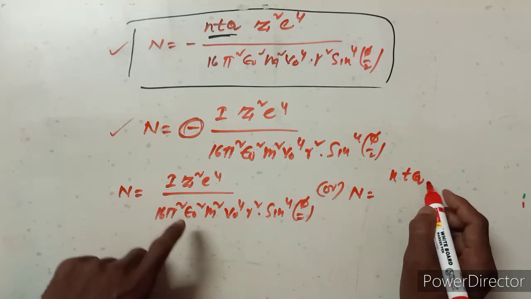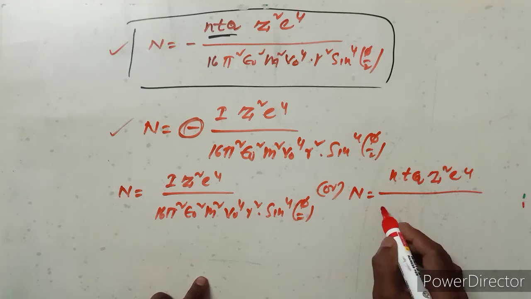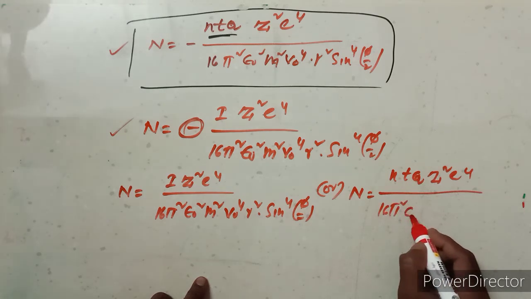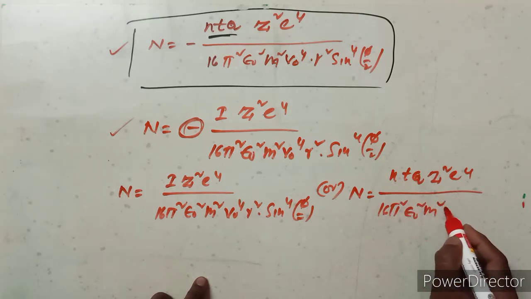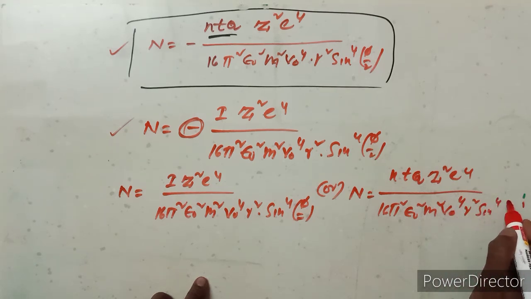So N equals N·t·q Z square e to the power of 4 upon 16 pi square epsilon naught square m square v naught to the power of 4 r square sin to the power of 4 phi by 2.